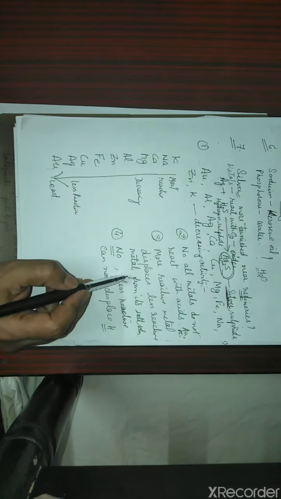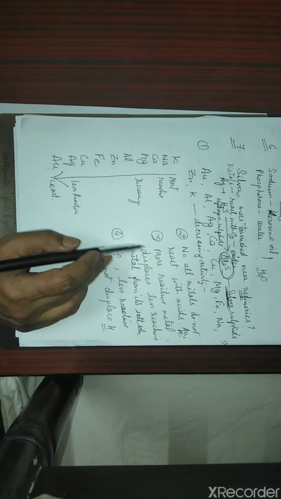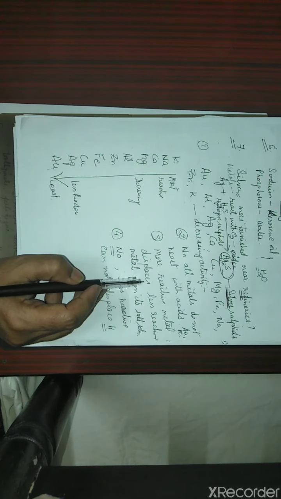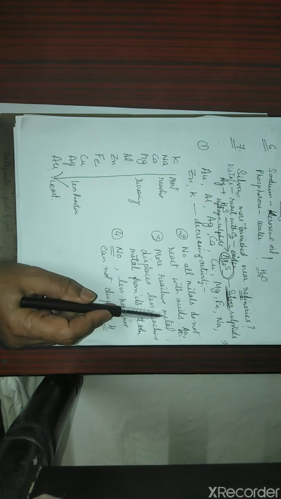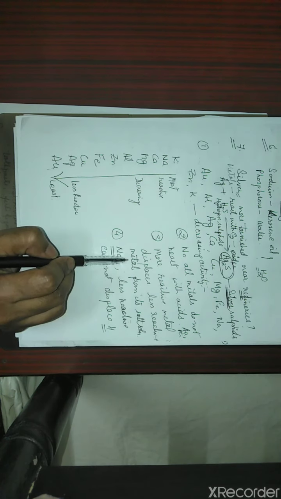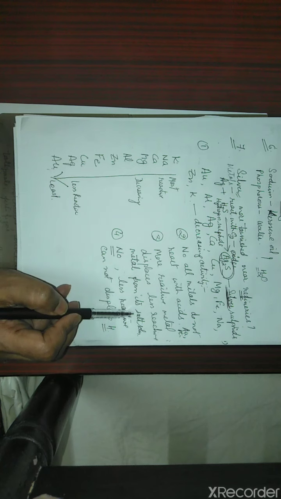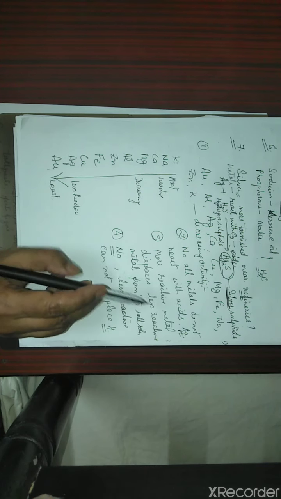So don't get confused over here. Then we have, what is the principle behind the displacement reactions? A more reactive metal displaces a less reactive metal from its salt solution. Correct? This is the idea behind that.